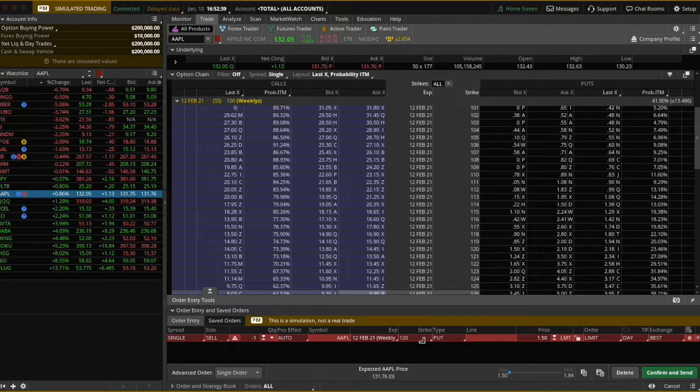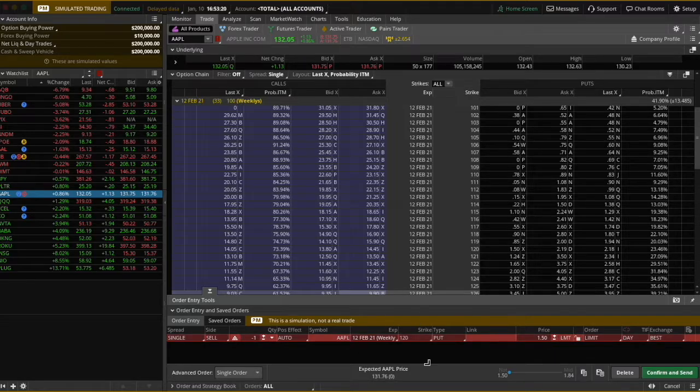For example, if Apple ends up at $115 per share at the expiration date, you will still be obligated to buy 100 shares of Apple at $120 per share, not $115. Does that make sense? So you might be thinking that at that point you have lost $5 per share because the price of Apple is now just $115 compared to what you are paying, which is $120.